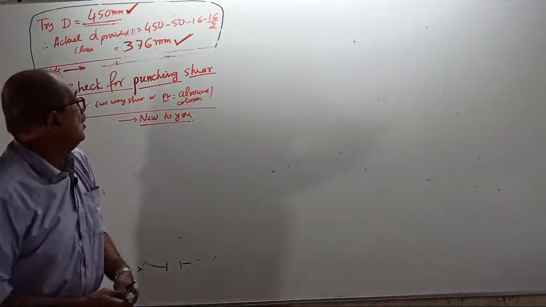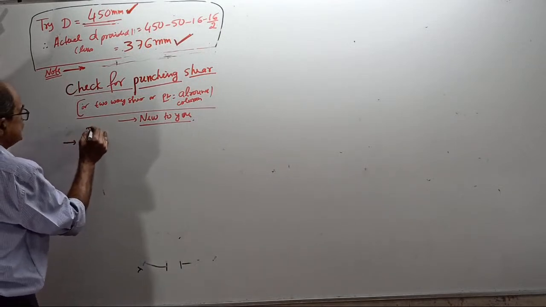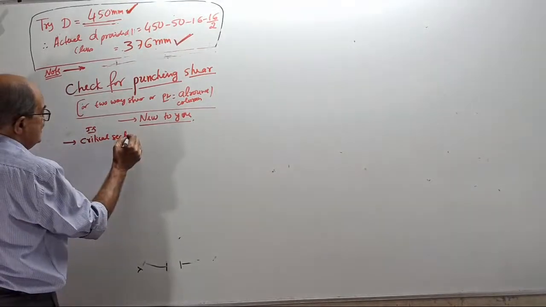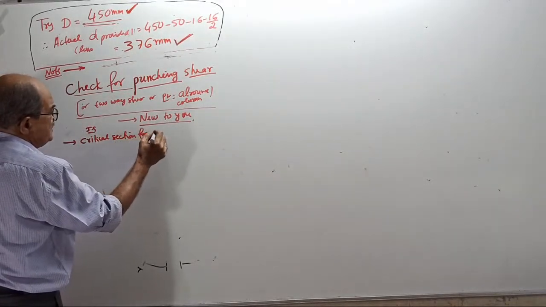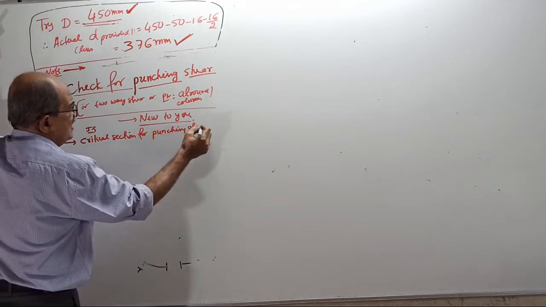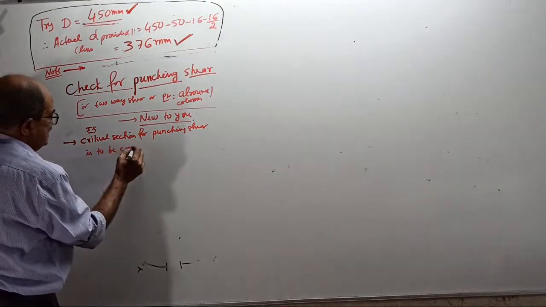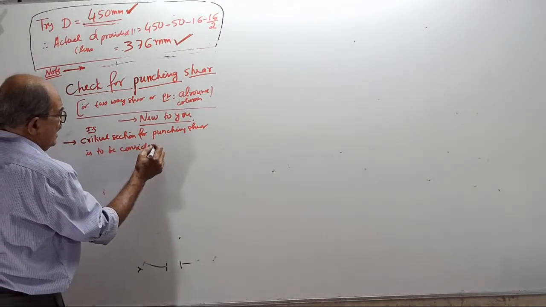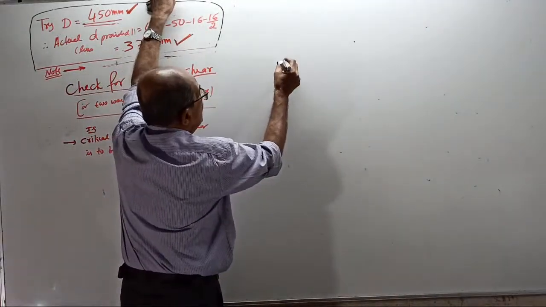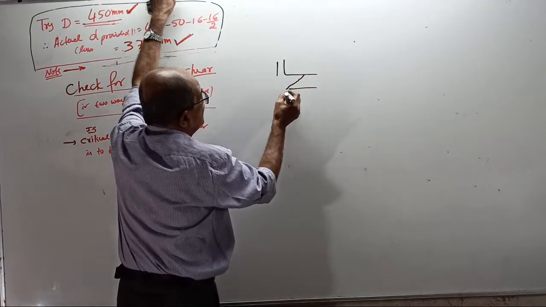So first write, as per IS code, the critical section for punching shear is to be considered. For wide beam shear, the diagonal tension crack will come this way at 45 degrees.